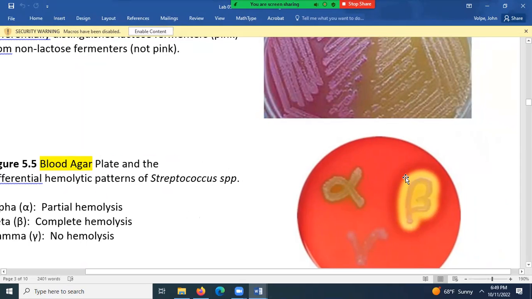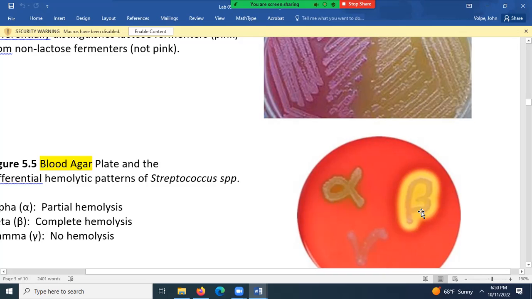And then this clear region, which is allowing the light to come through it, is complete hemolysis. And we call that beta hemolysis. So this is differential because we can differentiate 3 different species on their hemolytic activity.